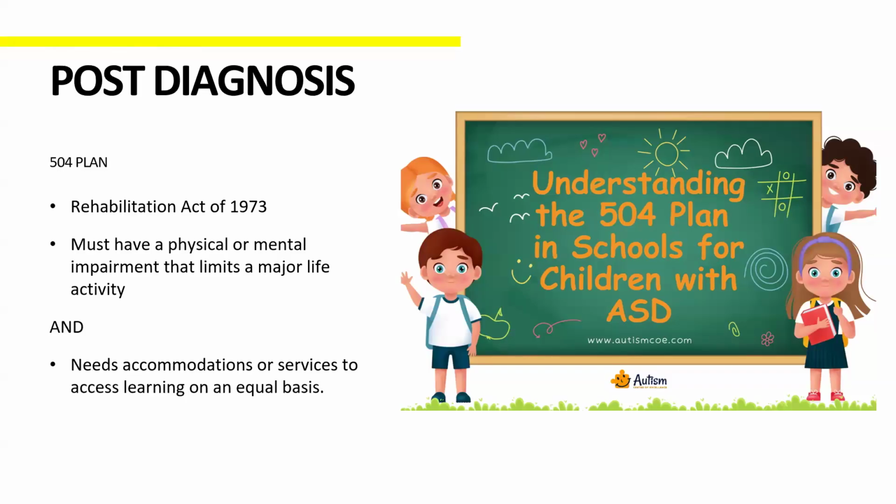A student qualifies for a 504 plan if they have a physical or mental impairment that substantially limits a major life activity such as learning, reading, writing, walking, communicating, concentrating, breathing, eating, and/or major bodily functions like your immune system, neurological system, etc. And they need accommodations or services to access learning on an equal basis. So, unlike an IEP, a 504 does not provide special education, just accommodations such as extra time, preferential seating, and/or behavior plans.